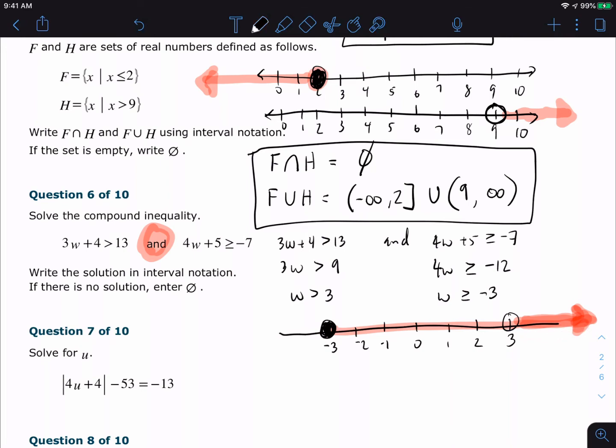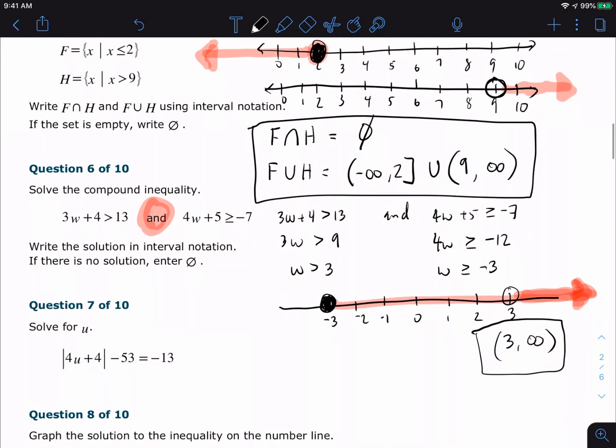So since that's where it's happening, I'm going to go 3 to infinity. Do I include 3 or do I exclude 3? It's going to be an exclusion because not both are being shaded, correct? And so this is the answer to this one. We okay? All right, cool.